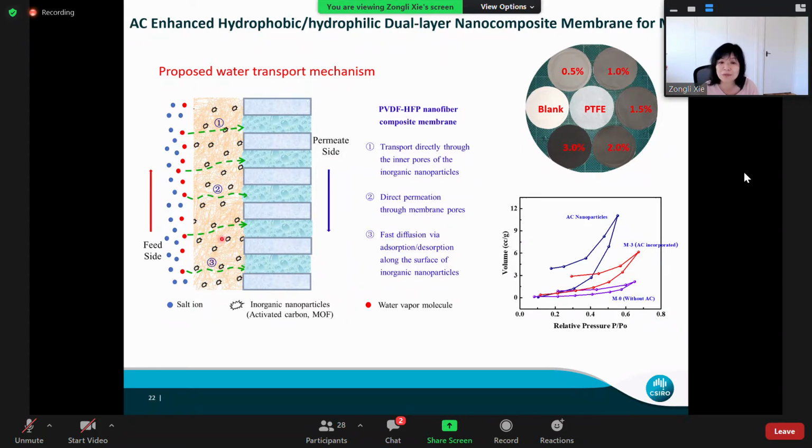So we believe that when water transports through the membrane, it can go through the macropores of the hydrophobic layer, and we can also utilize the channels or the space between the active carbon and the polymer. Particularly if the water goes through the nanopores of the active carbon, it can facilitate the water transport as well.